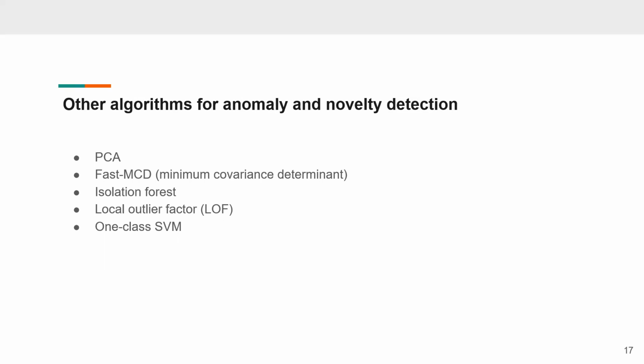So other algorithms you should pay attention to in the future include PCA, Fast MCD, minimum covariance determinant, isolation forest, local outlier factor, and one-class SVM. These are the methodologies you could potentially leverage, and here we do not elaborate as much. Okay, I'll stop here and thank you.